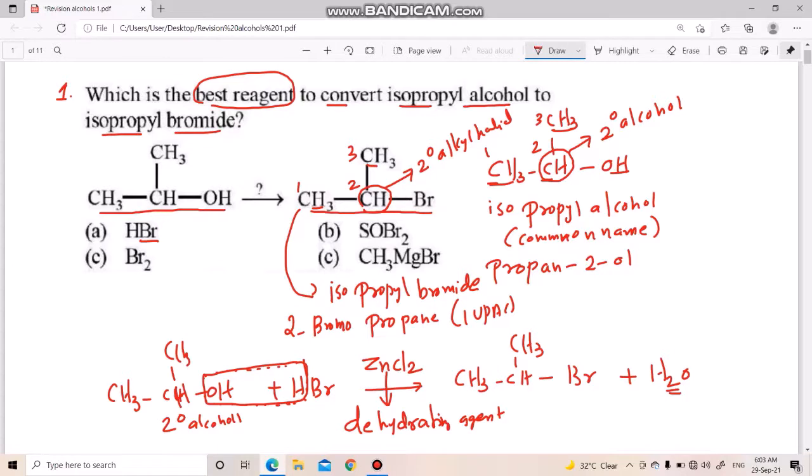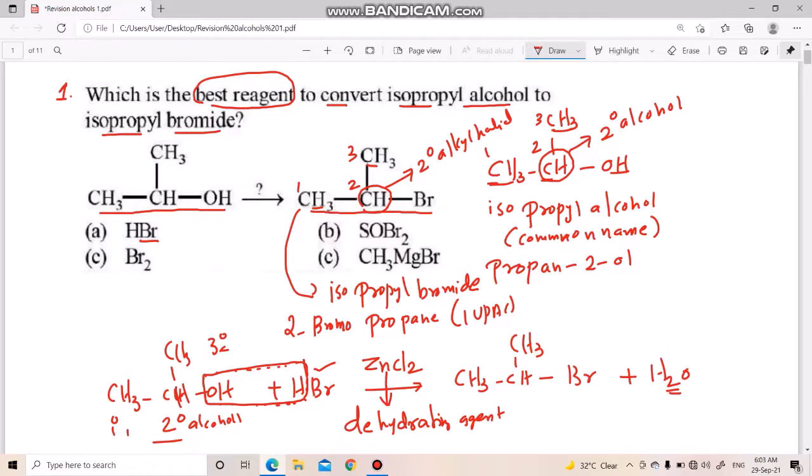For primary and secondary alcohol conversion into alkyl halide, zinc chloride is required. For a tertiary alcohol, HBr alone is enough.